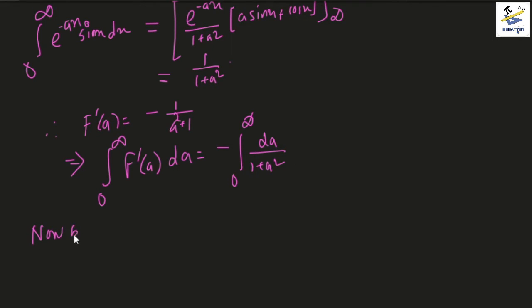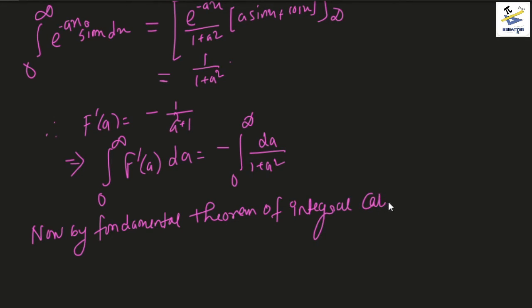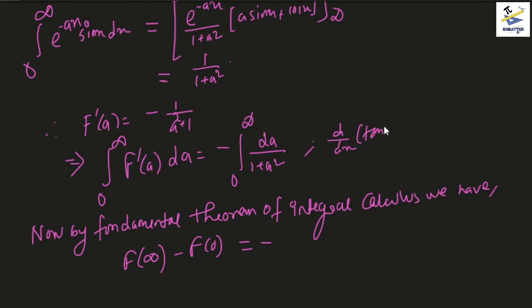Now by the fundamental theorem of integral calculus, we have f of infinity minus f of 0 equals to minus, and this is just the antiderivative of the antiderivative is given by tan inverse a or arc tan a, because I will just write it here, d/dx of tan inverse x, which we had actually proved before, is 1 by 1 plus x square, right?